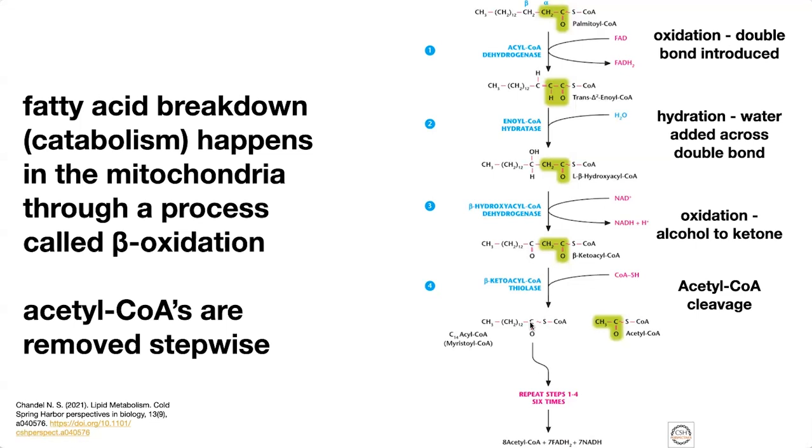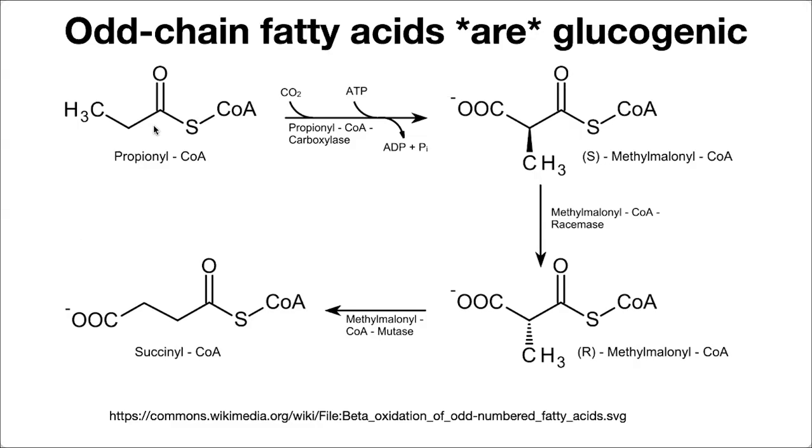If we have an odd-numbered fatty acid, which are rarer, but they do occur, then you'll end up with a 3-carbon compound. The 3-carbon acyl-CoA that you get is called propionyl-CoA. Propionyl-CoA then gets converted through a couple of different reactions into something that we are definitely familiar with, succinyl-CoA. And where does succinyl-CoA come in?